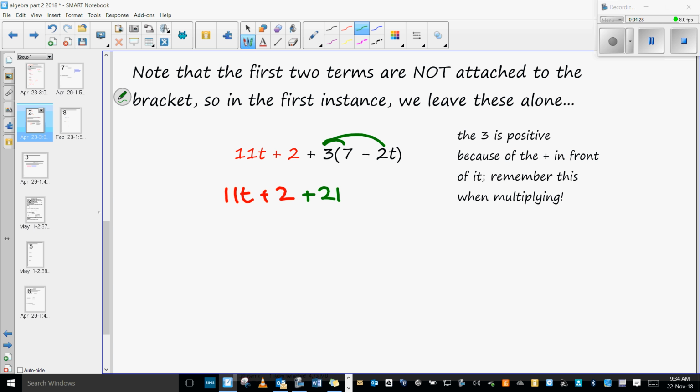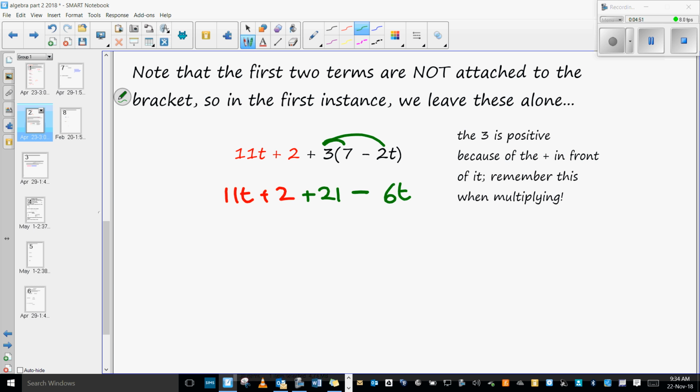What's 3 multiplied by 2t? 6t. And is it going to be a plus or a minus sign in between them? Minus. Good, because we've got 2 different signs. Try to talk about the different signs. Alright, so we've expanded it.